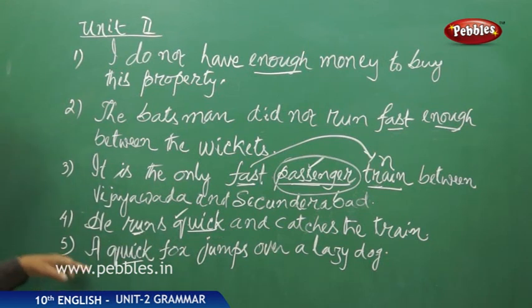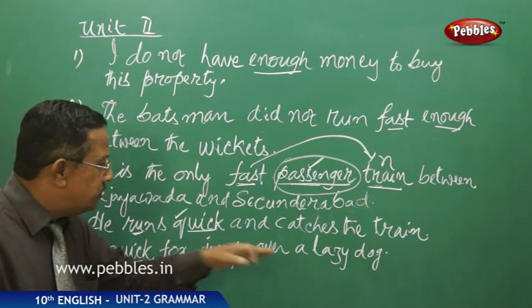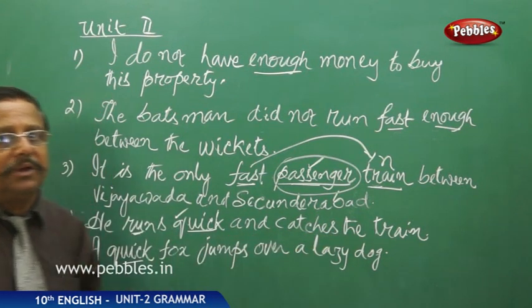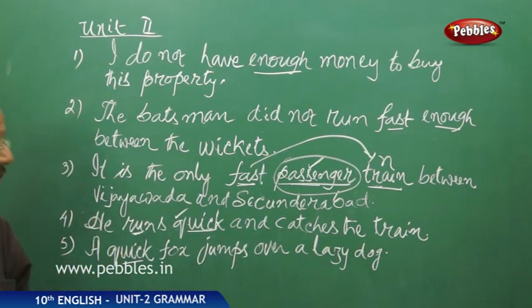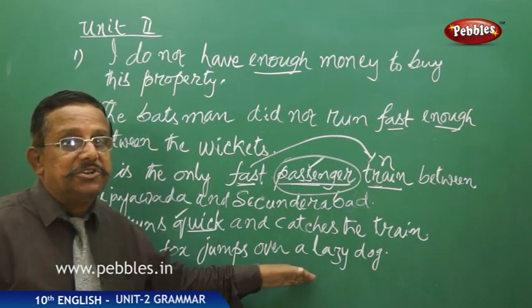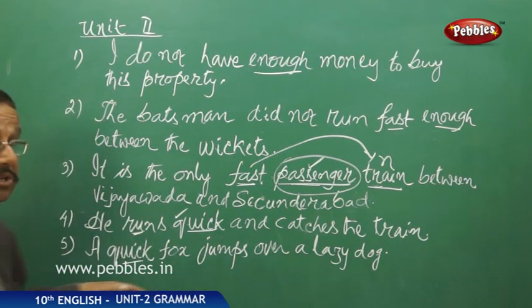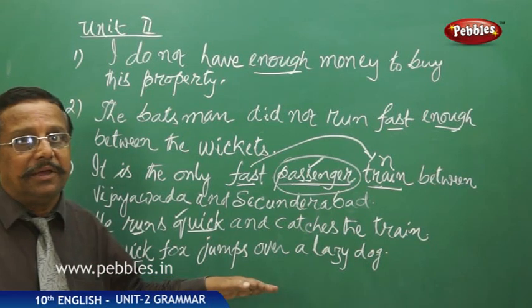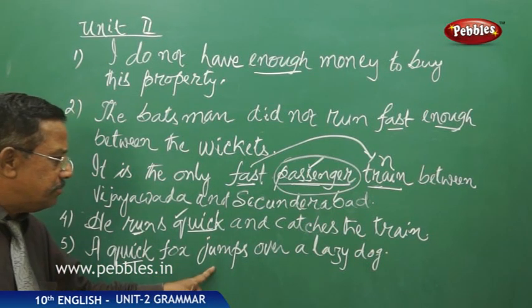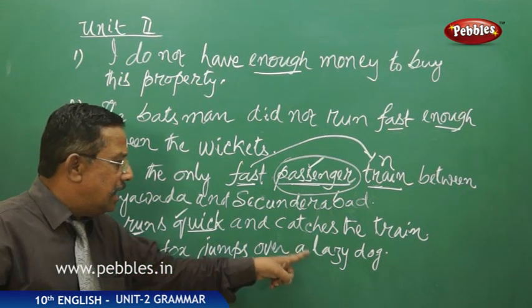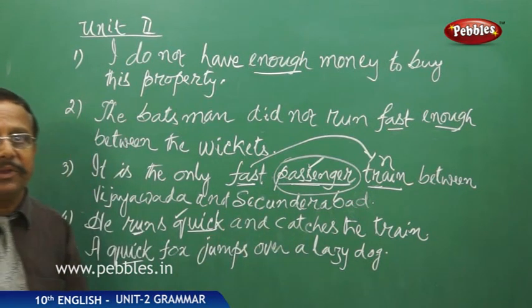Here, a quick fox jumps over a lazy dog. That is a very common sentence, and wonderfully we have all the alphabets here. All the 26 alphabets are present here. A quick fox jumps over a lazy dog. Right?